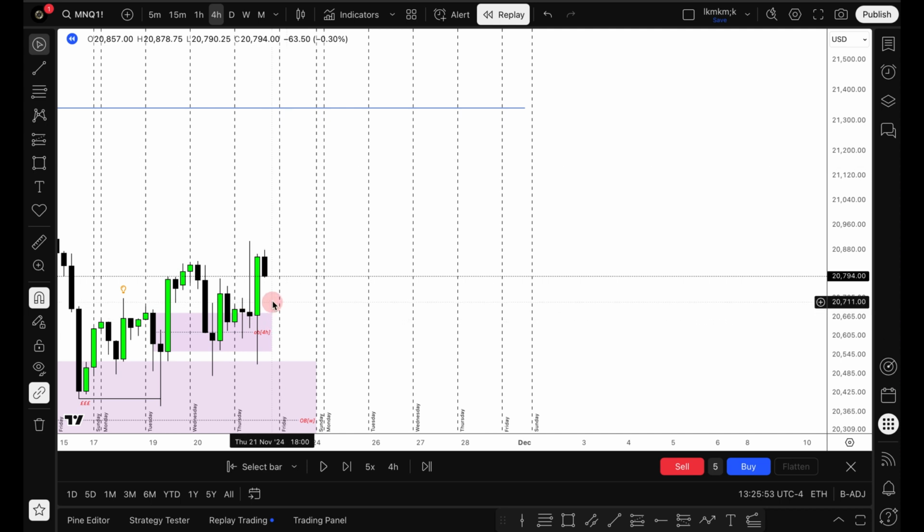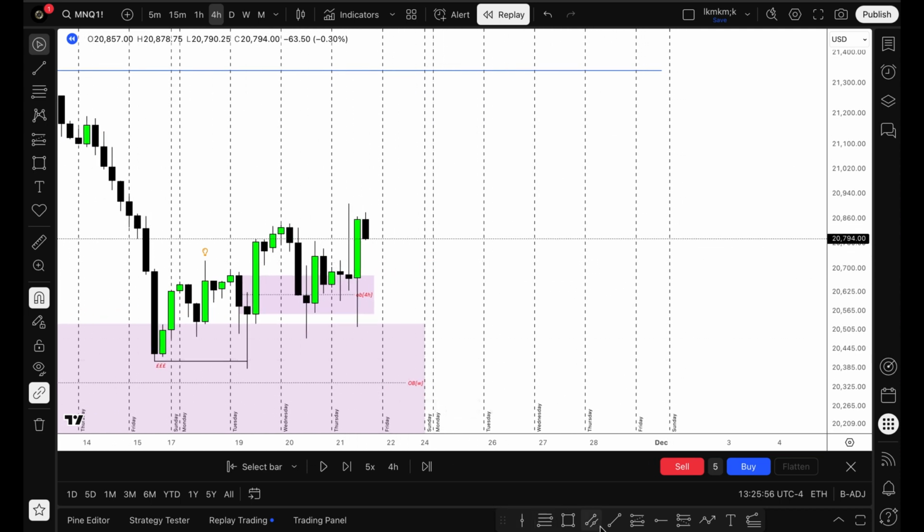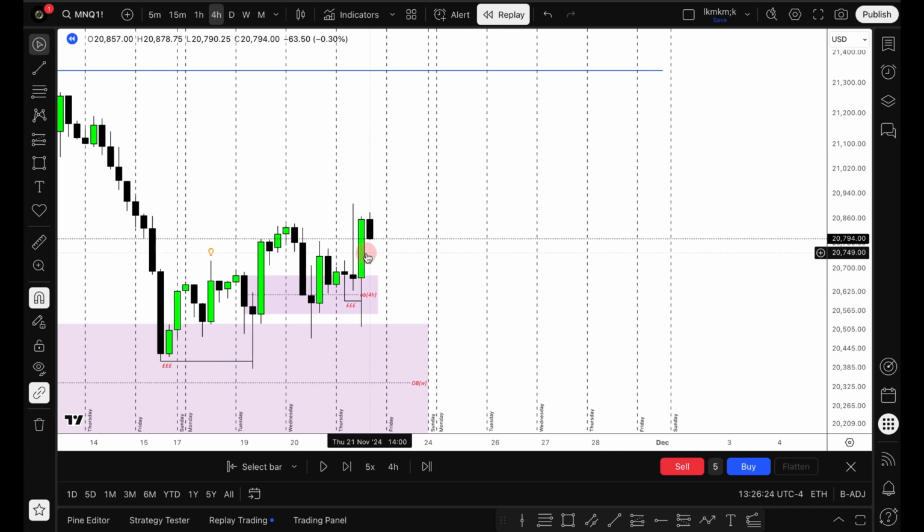So on the 4 hour here, you can see that we have a swing low here that was swept by this candle, but there was a failure to displace below that swing low, like we mentioned in the previous topics at the beginning of the video. So we had a failure to displace, and then we got a close way above the low, which signals a reversal. So these are signs that price is willing to move higher now.